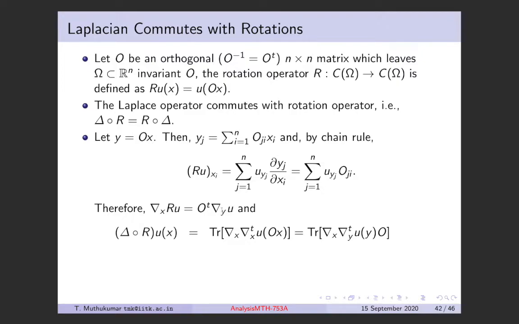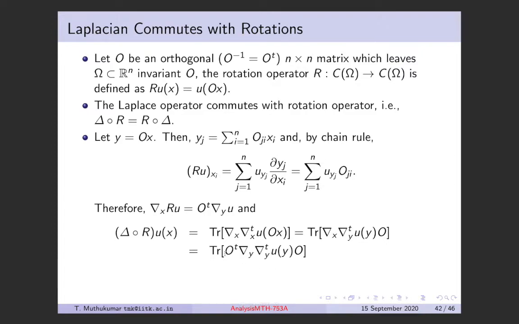So the transpose of this is grad y u transpose times O, which is precisely what we have here. Now you see grad x is acting on this quantity, which means grad x of this is O transpose of this. So you use this expression again for this grad x of this.